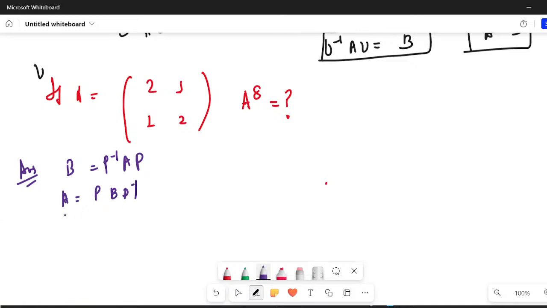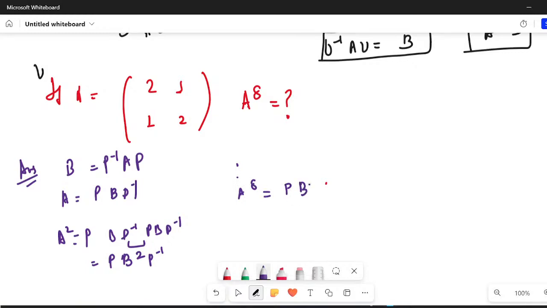Now if I take A square, I'll get P B P inverse, again P B P inverse, and eventually I'll get P B square P inverse. If I continue likewise, A raised to power 8 is equal to P B raised to power 8 P inverse. Is that clear?